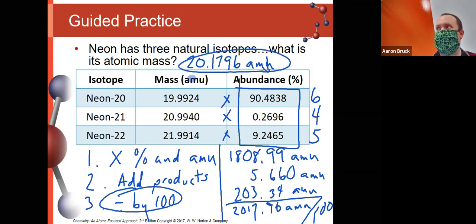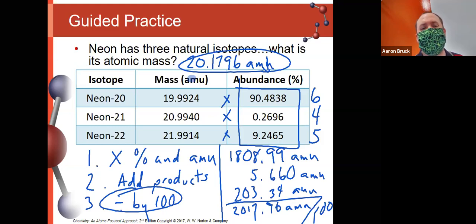And if I compare that value to the value on the periodic table, the one I gave you says 20.18. The one over here says 20.1798. We're in the right ballpark. So this is how you go about calculating weighted averages for percent by mass abundances.